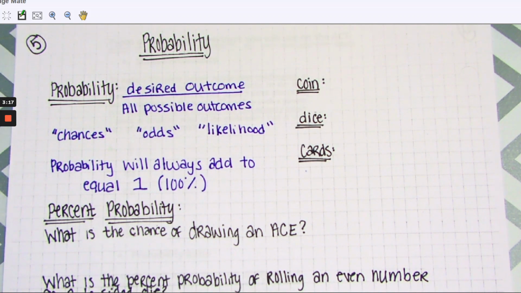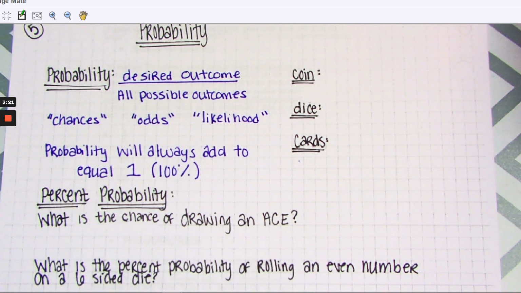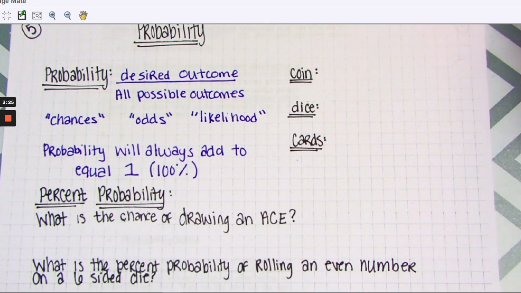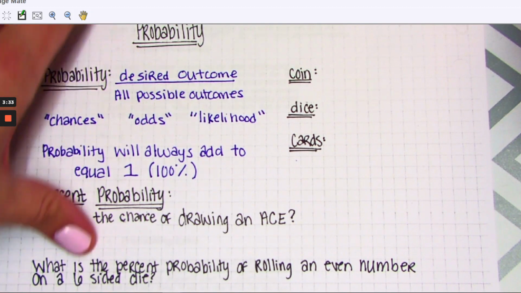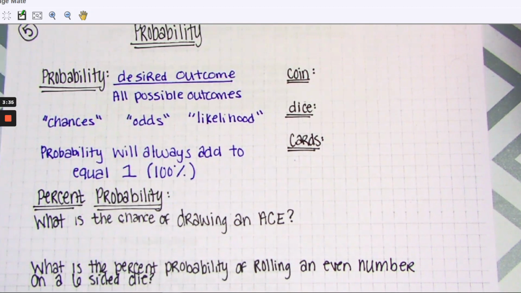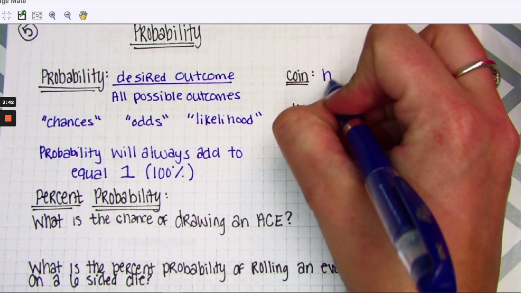Okay. So let's talk about some very common things that the ACT requires that you know. It requires that you understand coins, like a normal coin, dice, and a normal deck of cards. A normal, basic coin has one option heads, one option tails.